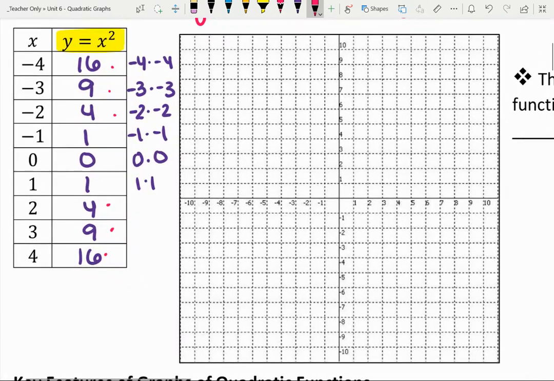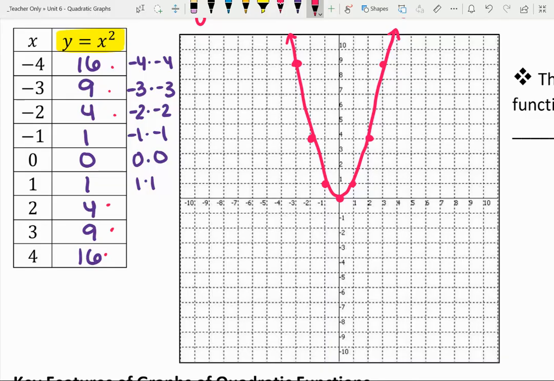If I convert this table into a graph, it's going to look something like this. I'm just going to plot each one of those points: 3, 9, and negative 3, 9. Now the negative 4, 16 and the 4, 16 are off my graph, but since we know they're there, we're going to draw our curve in here and put arrows at the end because we know that it extends upwards.